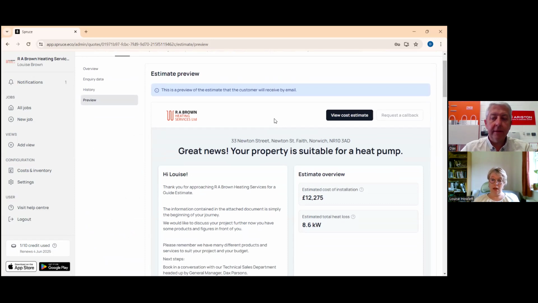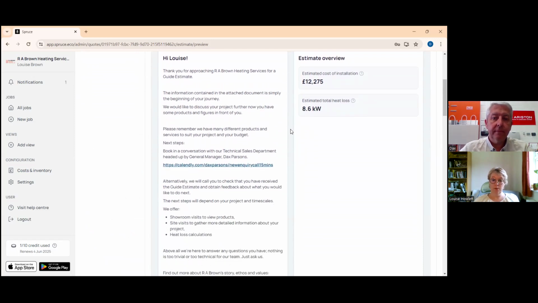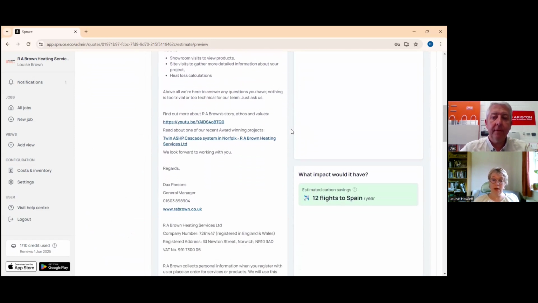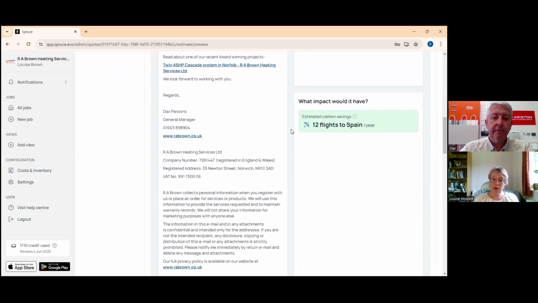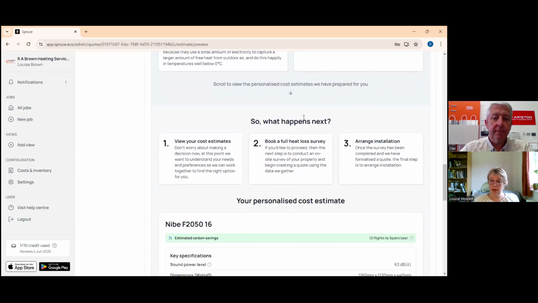That's exactly why this guide estimate and using software like this is so powerful, to give that initial look at your property and your options even at this point.